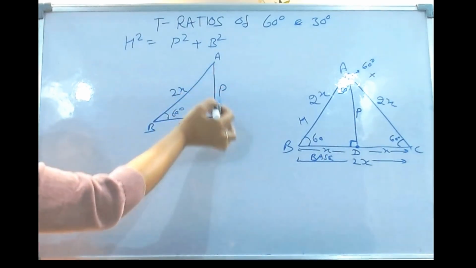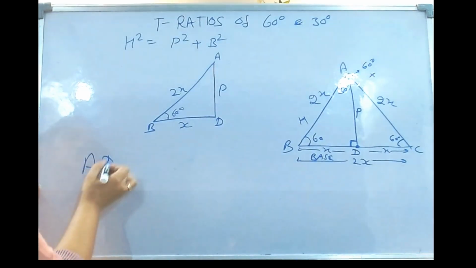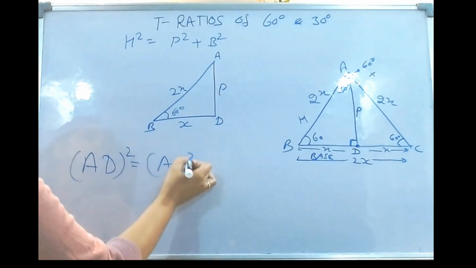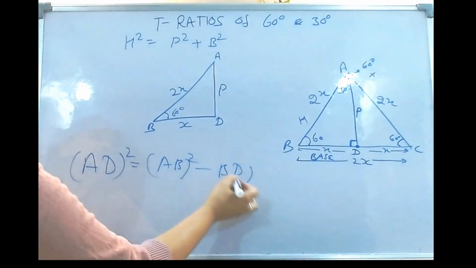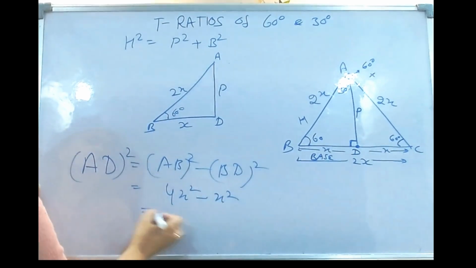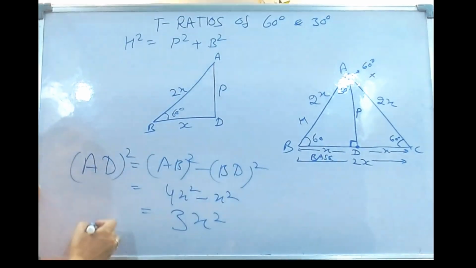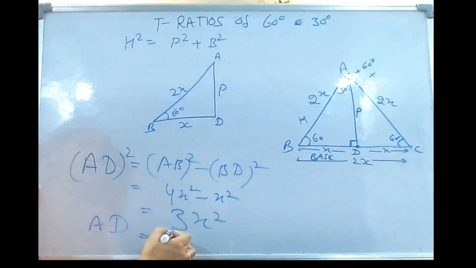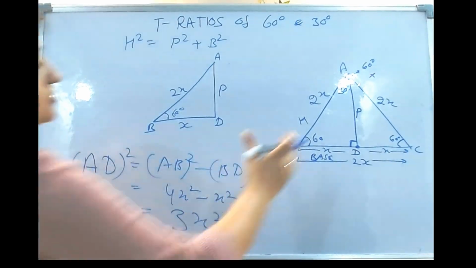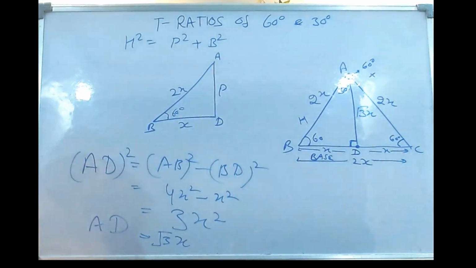So quickly calculate it with the help of Pythagoras theorem, which is going to be AD square equals hypotenuse square minus base square. So 4x square minus x square, it is 3x square. So AD is equals to root 3x.